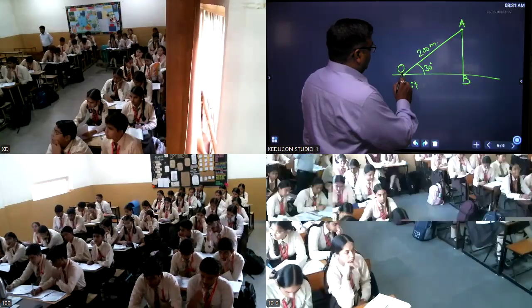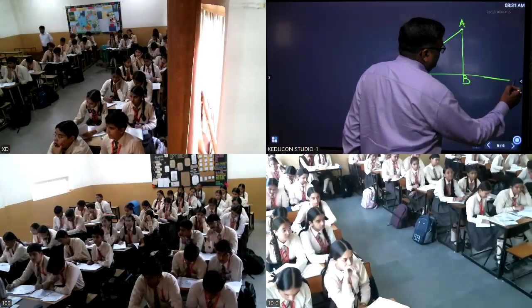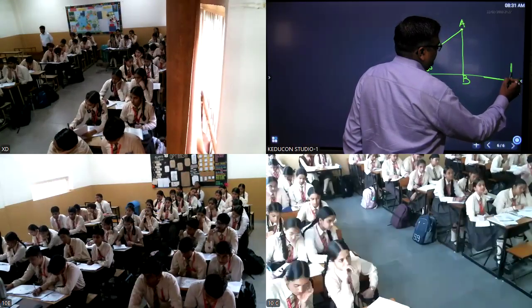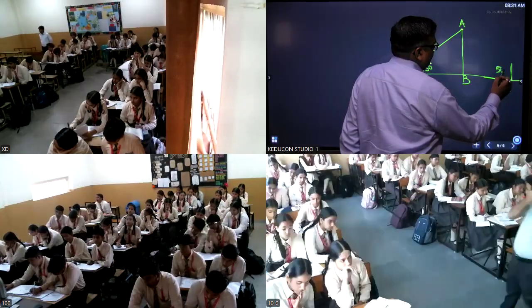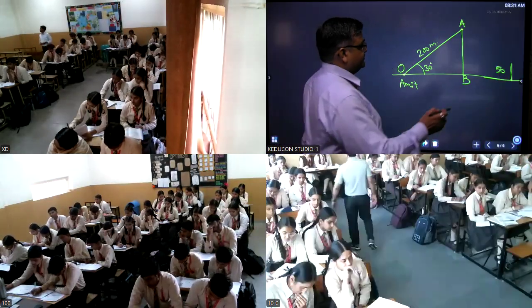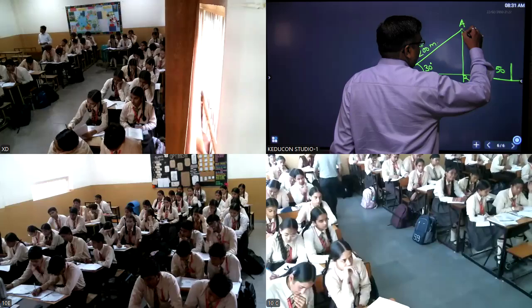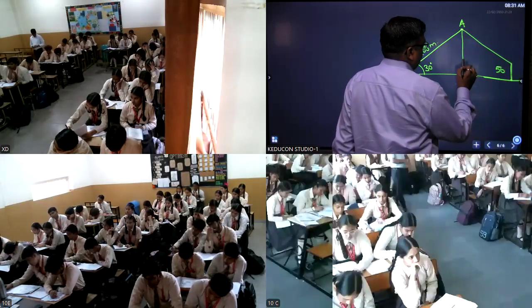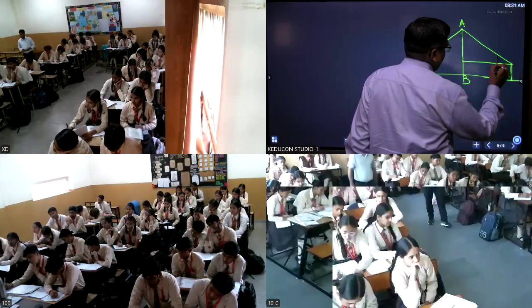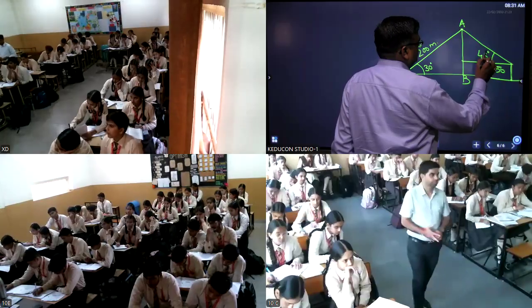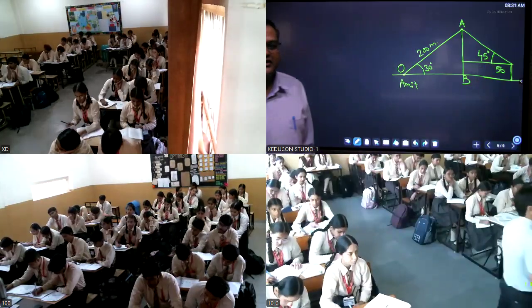So now here is Amit. Deepak will be on the opposite side, and he is standing on a 50-meter high building. From here, he observed the bird at an angle of 45 degree. Have you understood the diagram बच्चों?